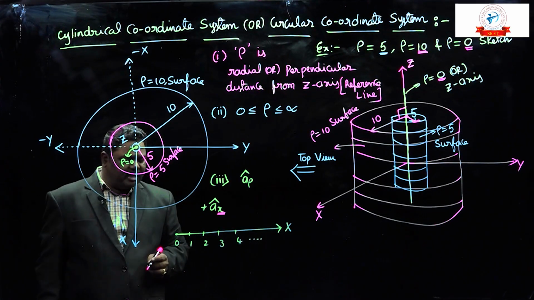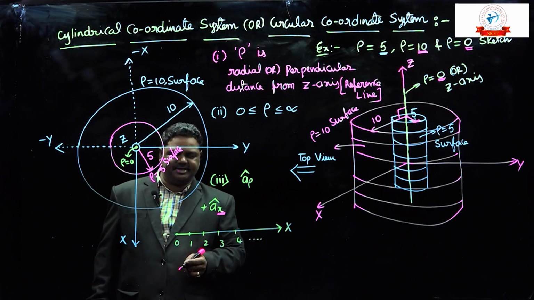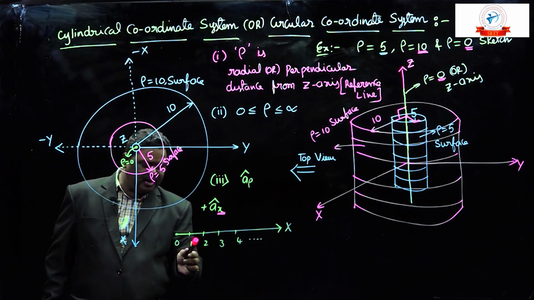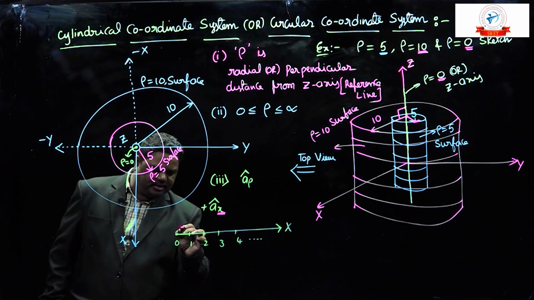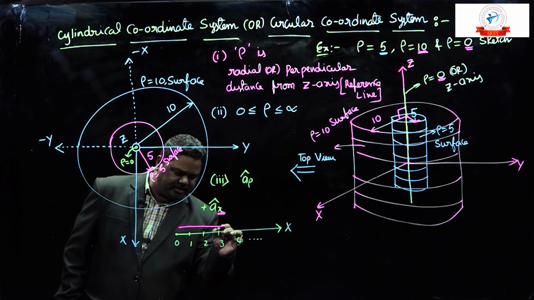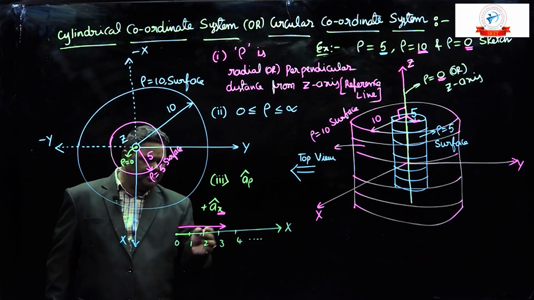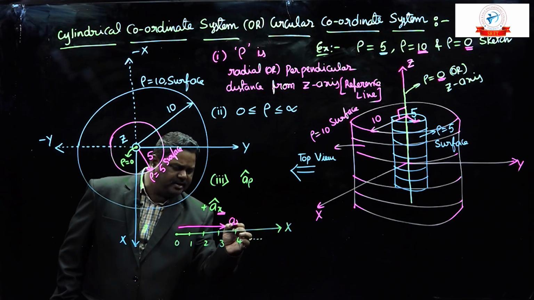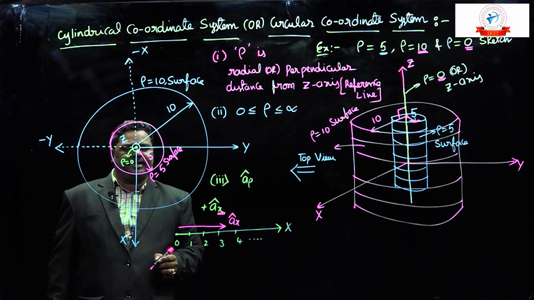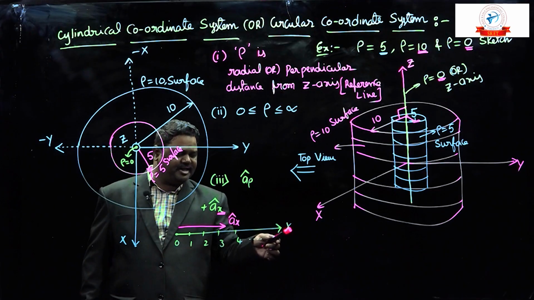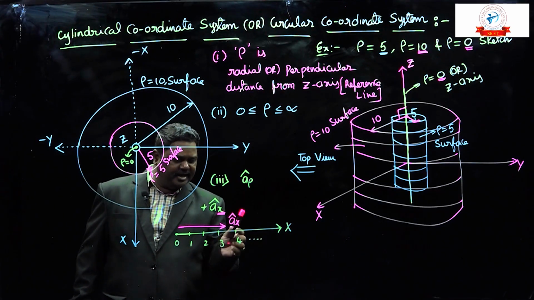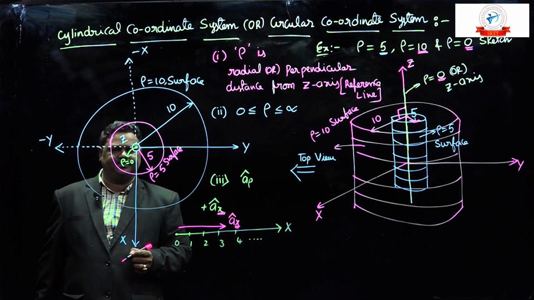You tell me in which direction the x values are increasing. The x value is 0, 1, 2, 3 like this. So I will show you the increasing x direction like this. This is the increasing x direction. The increasing x direction is nothing but a-x cap. So that means a-x cap is nothing but the x-axis direction, or increasing x direction.